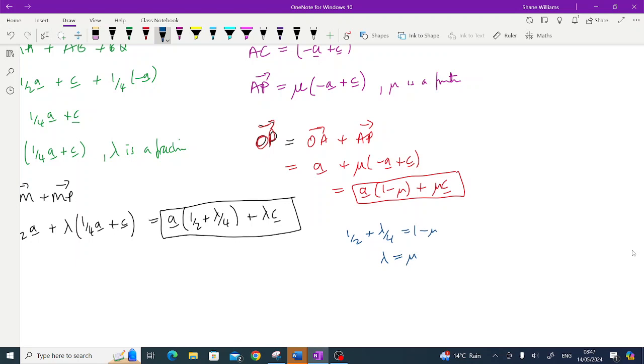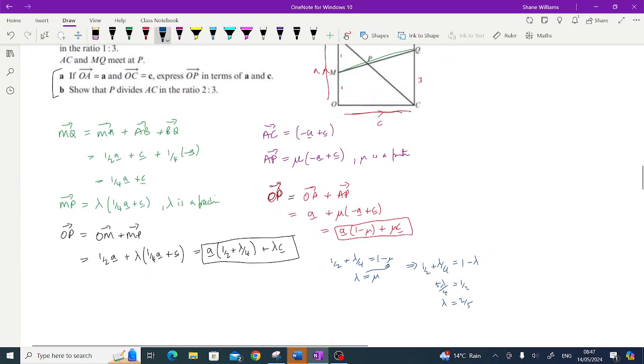So if I put that into here, that'll give me a half plus lambda over 4 equals 1 minus lambda. Add lambda to both sides, I get 5 lambda over 4 equals a half, and that'll give me lambda equals 2/5.